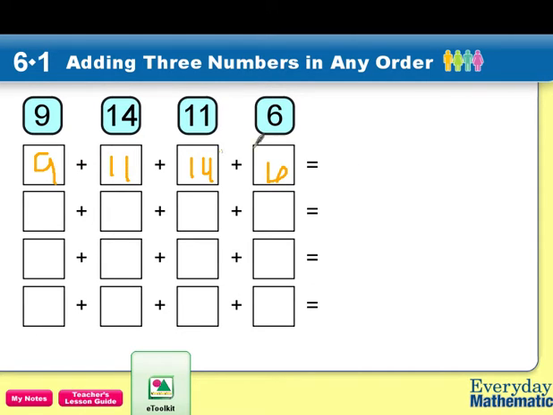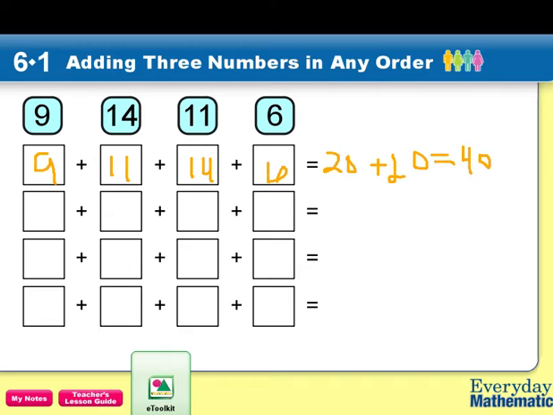Because 9 plus 11 is 20. 14 plus 6 is 20. 20 plus 20 is 40. So you can make it easier on yourself. Just because there's 4 numbers there does not mean you have to add them all at the same time. You can do 2 numbers and add on that way.